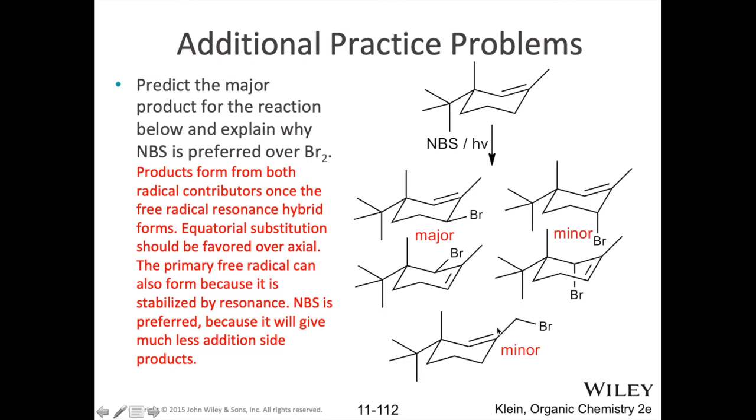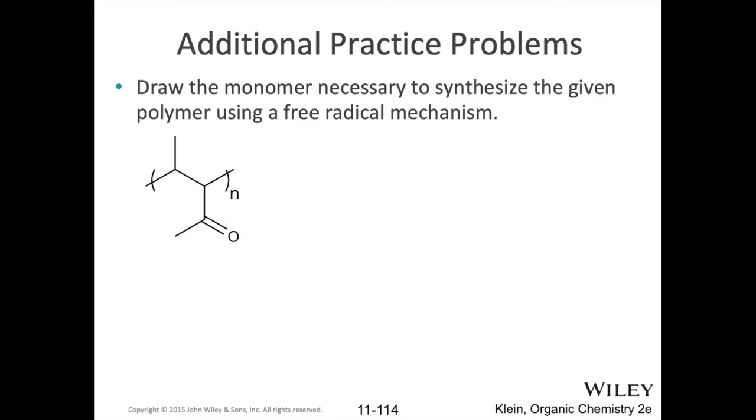I guess that's another product that could form. You could have a bromine over here, so it would look kind of like this product over here, except instead of the double bond being here, the double bond would be up here. Granted, that has a less substituted alkene, so that's probably why that's another minor product.